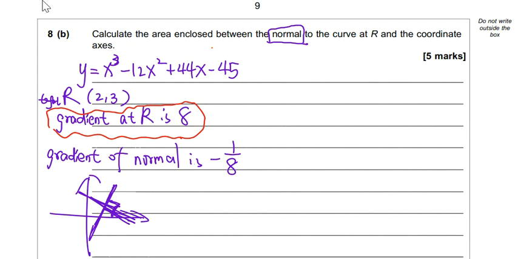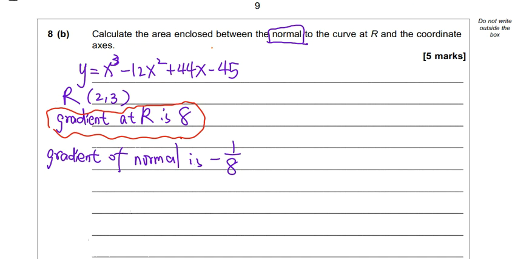So you have your tangent line with the gradient of 8, so the gradient of normal should be this. Now we know the gradient of this line, and we also know that this normal line also passes through R, 2, 3, right?